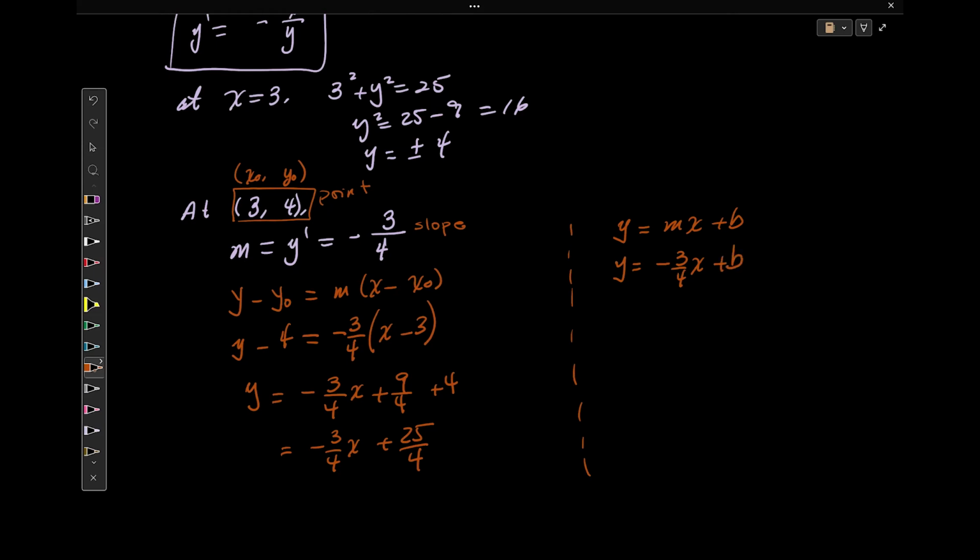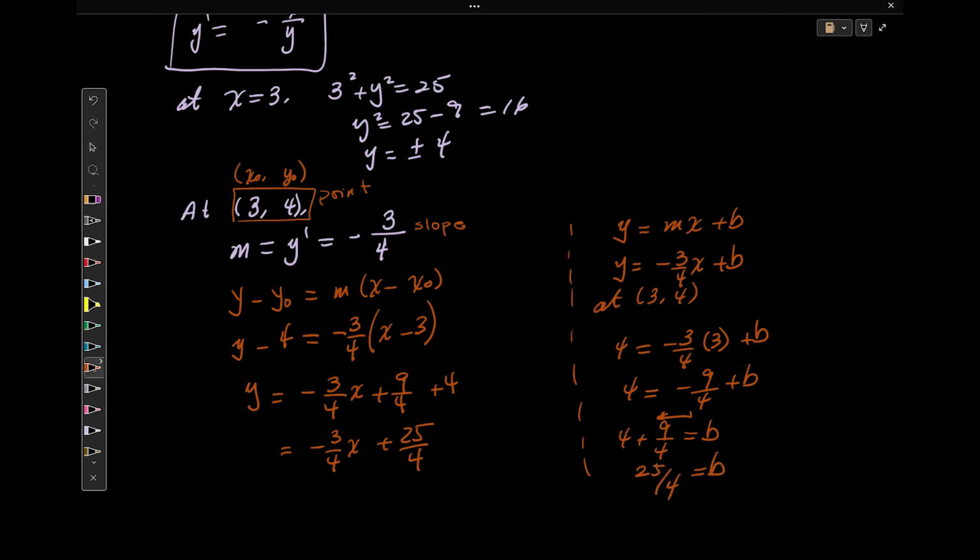At the point (3, 4), you plug in 4 for y and 3 for x. This is negative 9 over 4 plus b. Bring this over, it becomes plus 9/4. So b equals, again, 25 over 4.